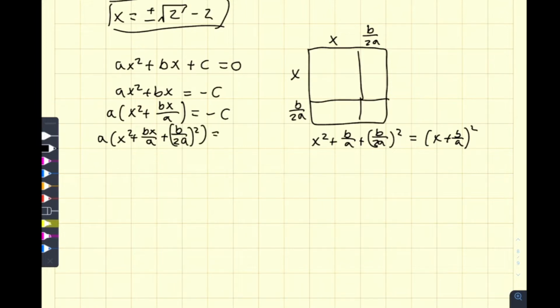And this will equal negative c. And something about this solution is that when we're adding this to the right side, we have to remember we're not just adding this, because this is being multiplied by a. So we're actually adding a times b over 2a squared. So it will look something like this.